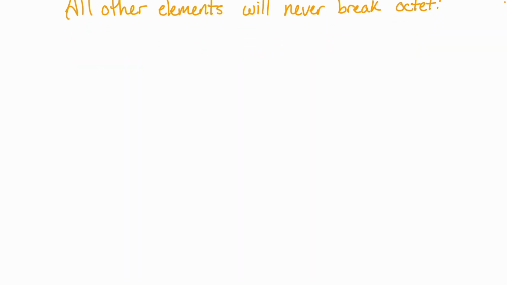Okay, cool. So what I'm going to do is put down a structure of a molecule, and you're going to fill in any missing lone pairs and formal charges that should be there.